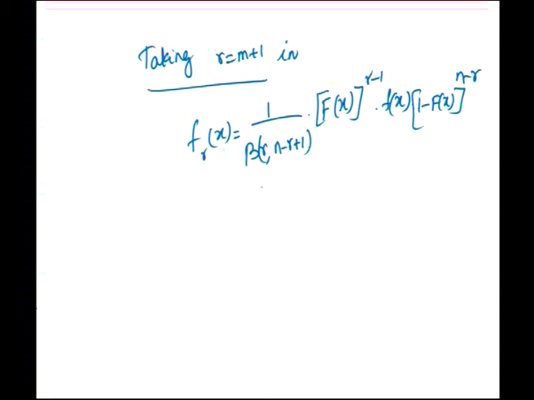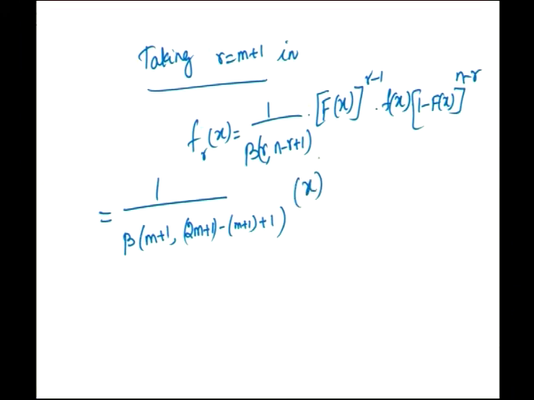Everything has to be done simultaneously now. 1 by beta of (m plus 1, n), n is taken as 2m plus 1, minus (m plus 1) plus 1, and F(x) is x, at the same time r minus 1, so m plus 1 minus 1, small f(x) is 1, and (1 minus x) whole power n, which is 2m plus 1, minus r, which is m plus 1.